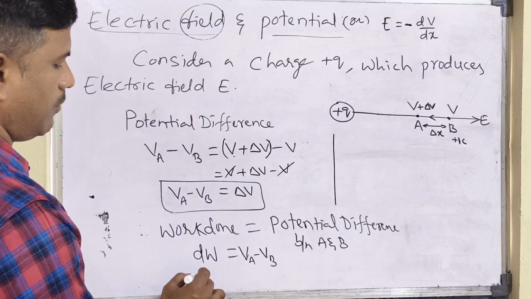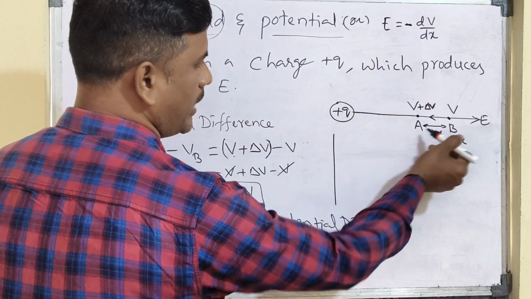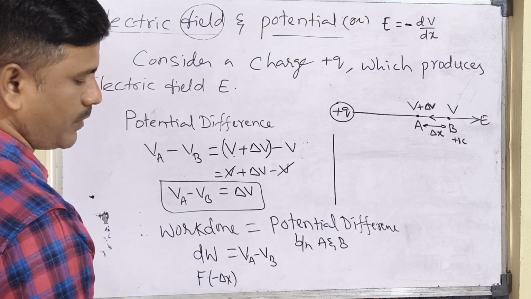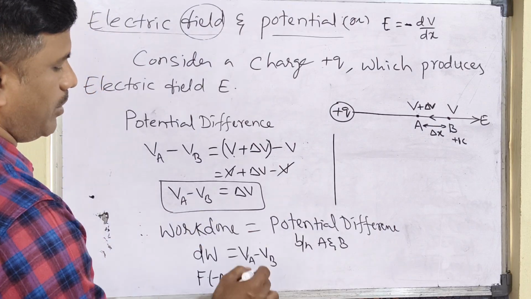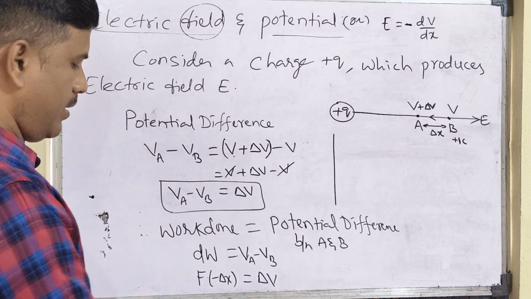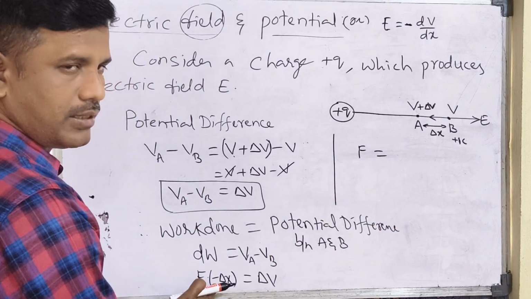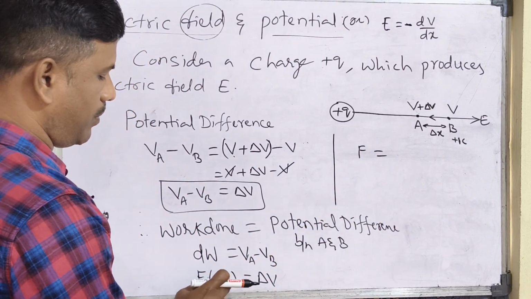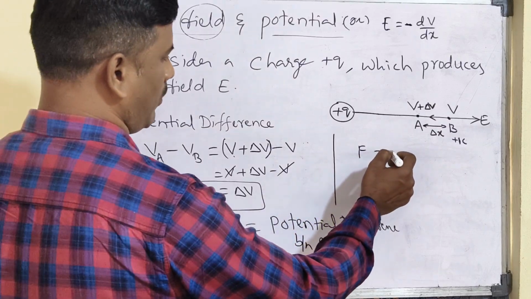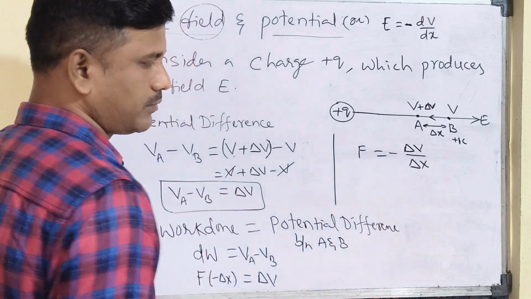So the force F into displacement, minus delta X, is equal to VA minus VB, or delta V. Are you clear? Now F is multiplied by minus delta X, so moving that to the other side, we get minus delta V divided by delta X.